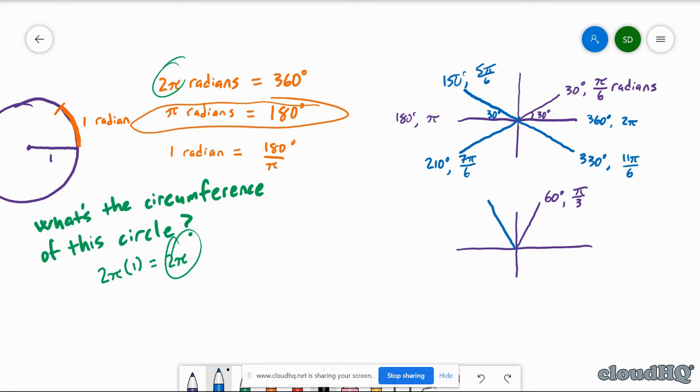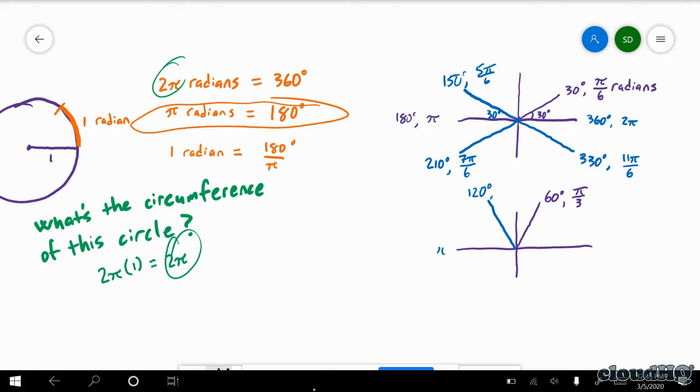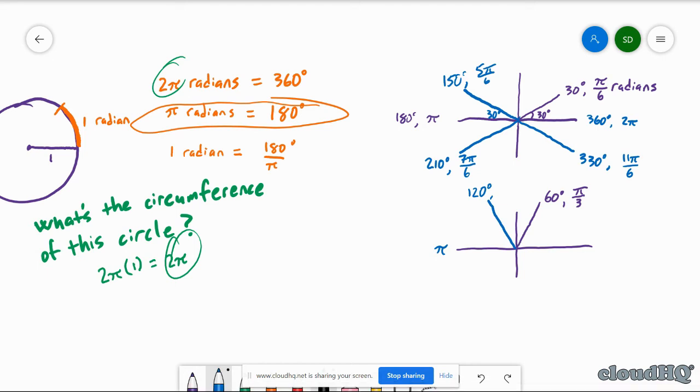If I go to quadrant 2, that's 60 degrees shy of 180, which is 120 degrees. How many radians would that be? So this over here at 180 degrees would be pi. So I'm shy of pi. Isn't it 1/3 shy of 1 pi? 1 minus 1/3 is 2/3.